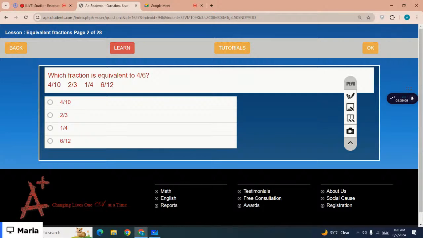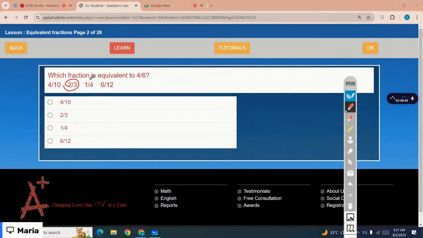Okay, which fraction is equivalent to 4 over 6? So which is the correct option? The correct option is 4 over 6, right?